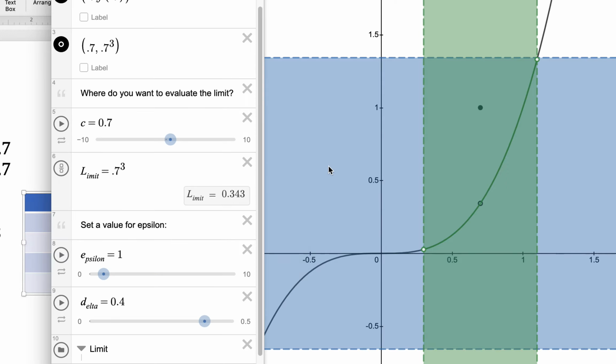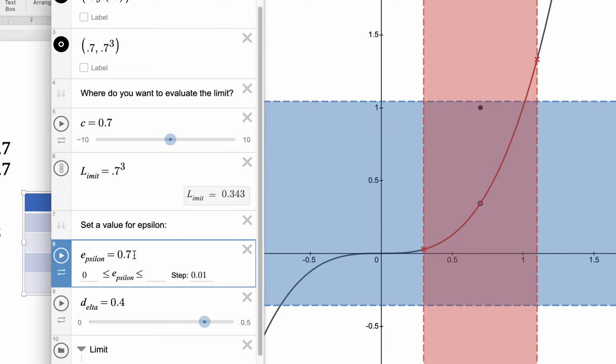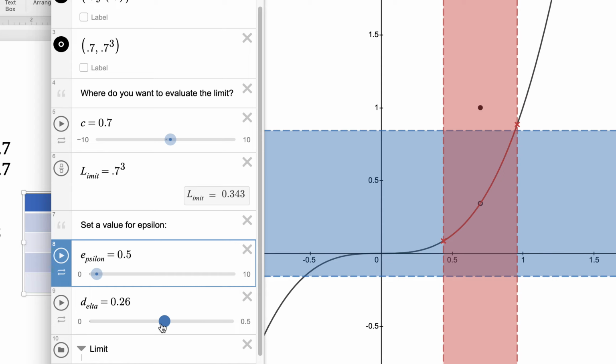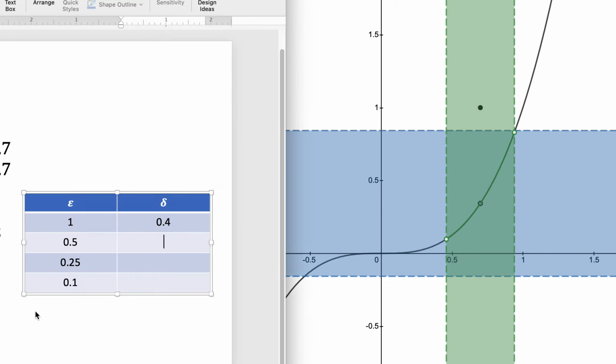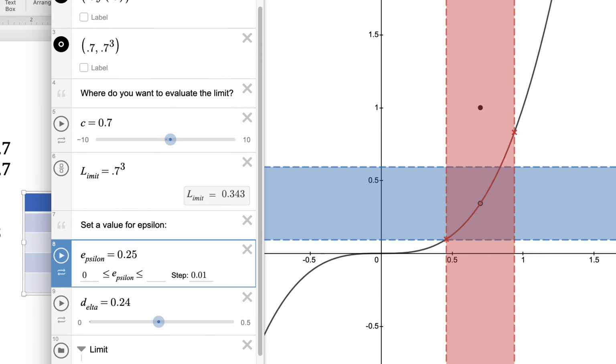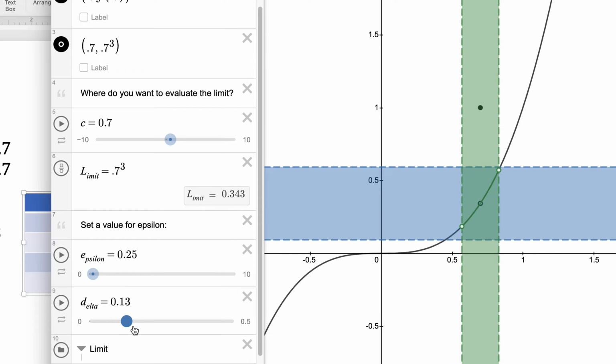And when I go to a smaller epsilon of 0.5, let me just type it in. This delta doesn't work. And so I need to go smaller, smaller, smaller. There we go. That one worked, 0.24. When I try a smaller epsilon of 0.25, this delta doesn't work, but I can make a smaller one. Notice that I'm not including the point at 7/10, and that's because I don't care about that one.